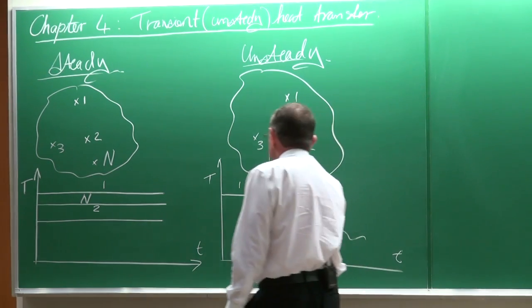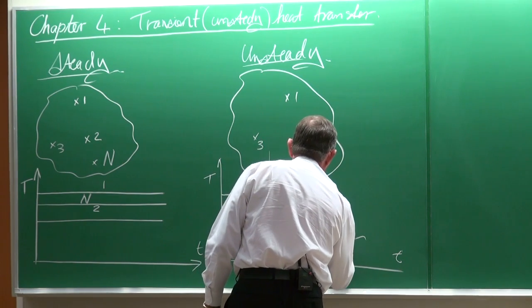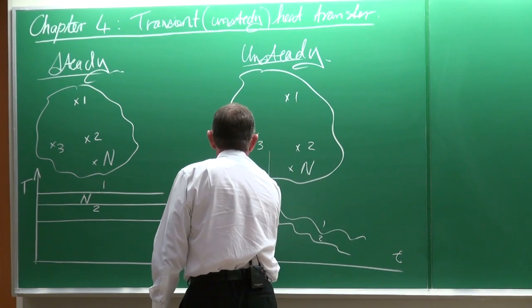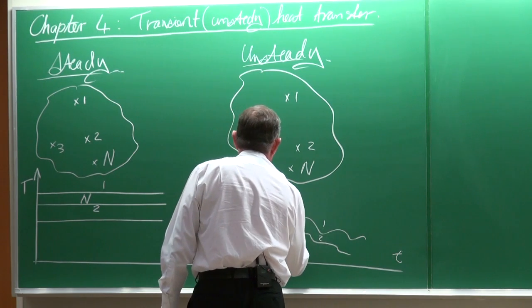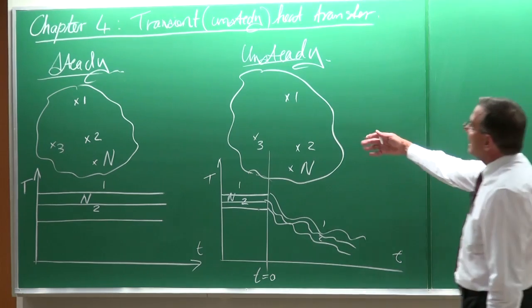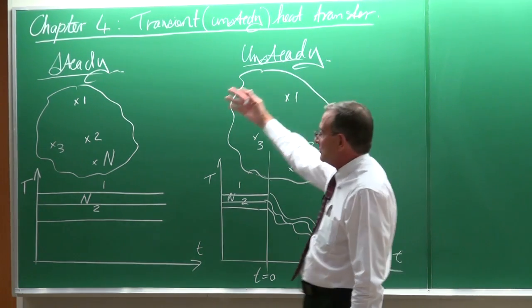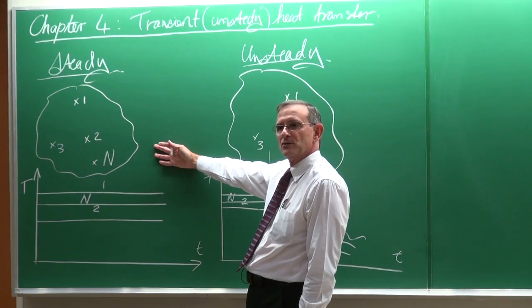And then maybe the same with point 2, like that. And that is the temperature, and there is the temperature n. And it varies as a function of time, something like that. So this is unsteady heat transfer or transient heat transfer, and that is steady heat transfer.